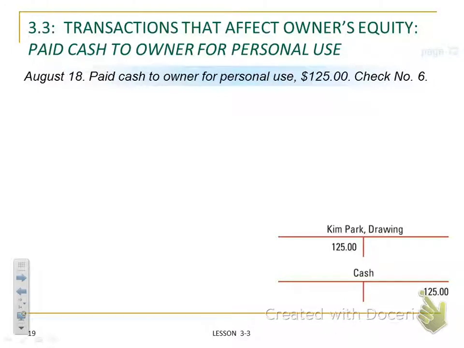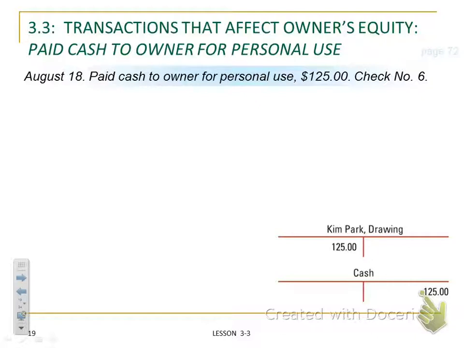Well, what's happening to our cash account? That's the easy part of this transaction to analyze. We know that our cash account is going down because we hear the words paid cash. So if our cash account is going down, we automatically know that we're going to be crediting our cash account because we decrease our cash or our assets on the credit side of the T-chart.